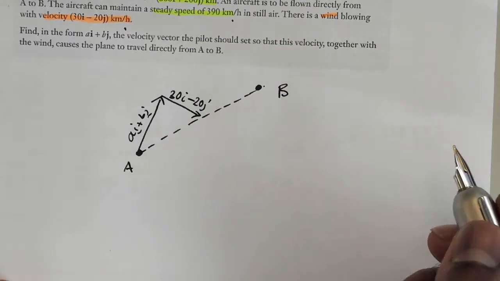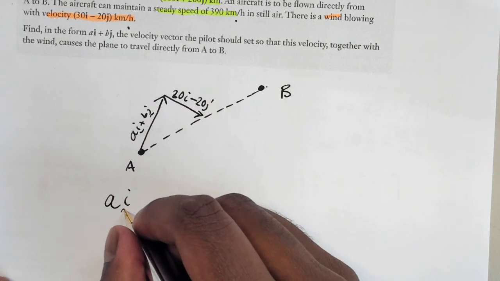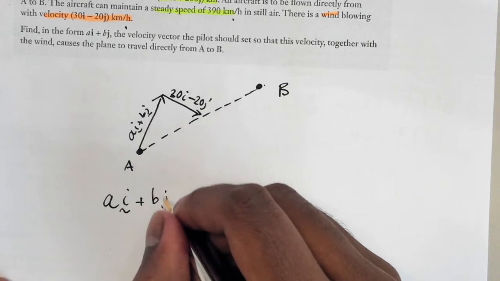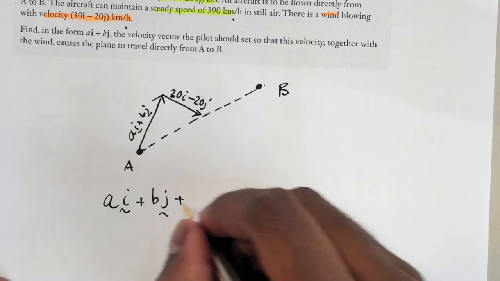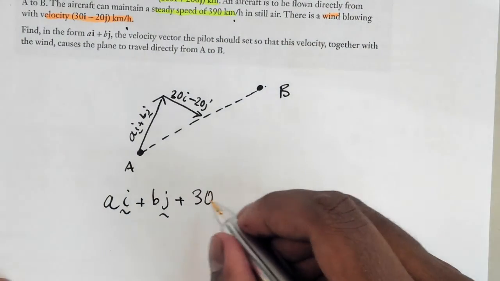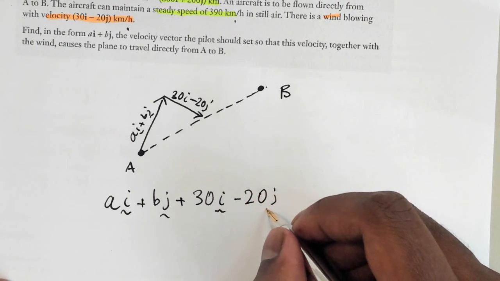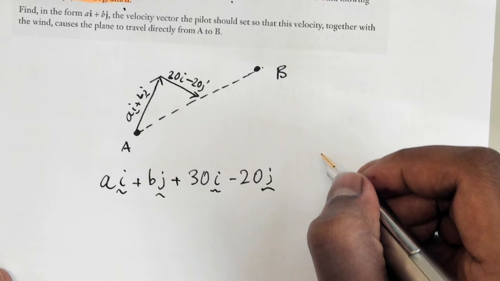Yeah. So here's what I'm going to write down now. We got ai plus bj. That's going to add my wind, because I have to add my vectors. Okay?